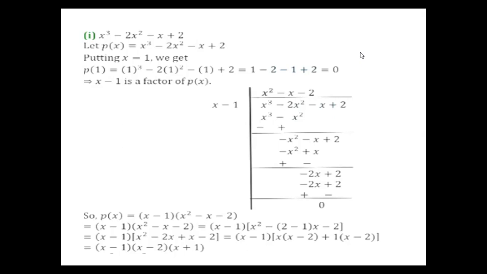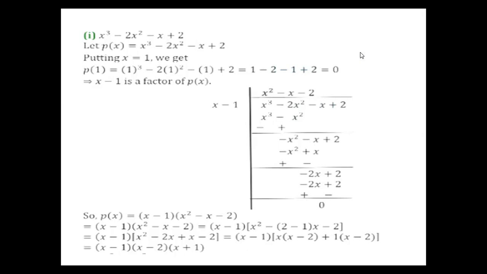Okay, so we'll continue with the long division method. I have x, what do I need? Minus 2x. So what should x be multiplied with? X should be multiplied with minus 2. Okay, so x when multiplied with minus 2 gives me minus 2x. And at the same time, minus 1 also gets multiplied with minus 2, giving me plus 2.